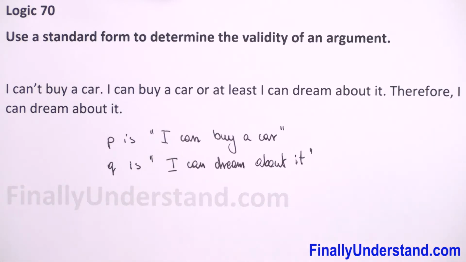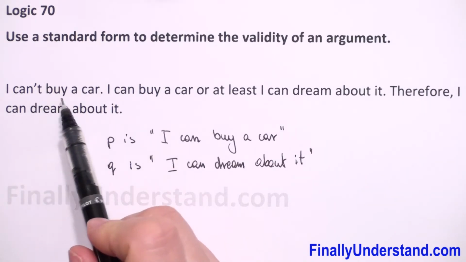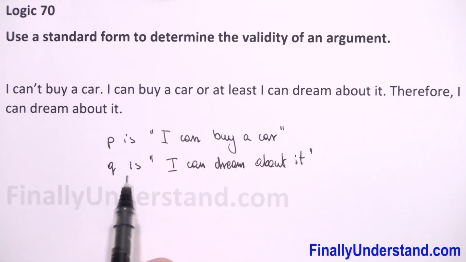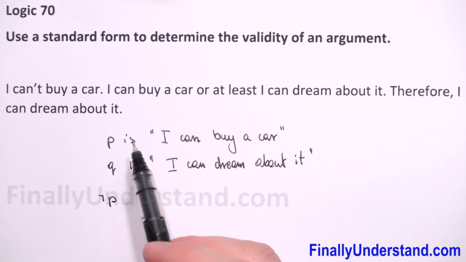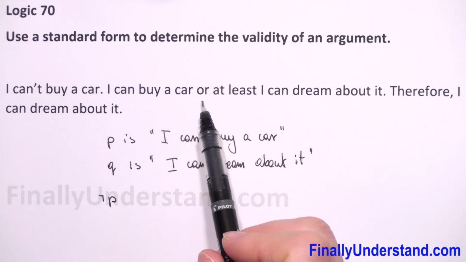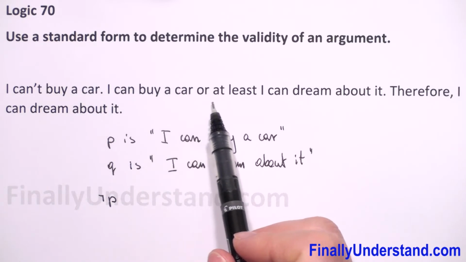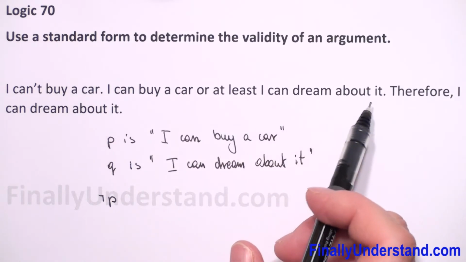So now we can rewrite our argument in symbolic form. We have first I can't buy a car, so we have negation of P. Next we have I can buy a car, or at least I can dream about it.